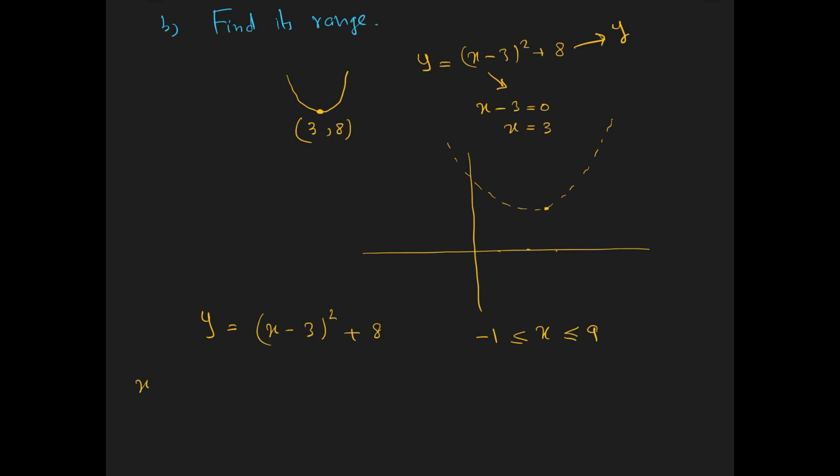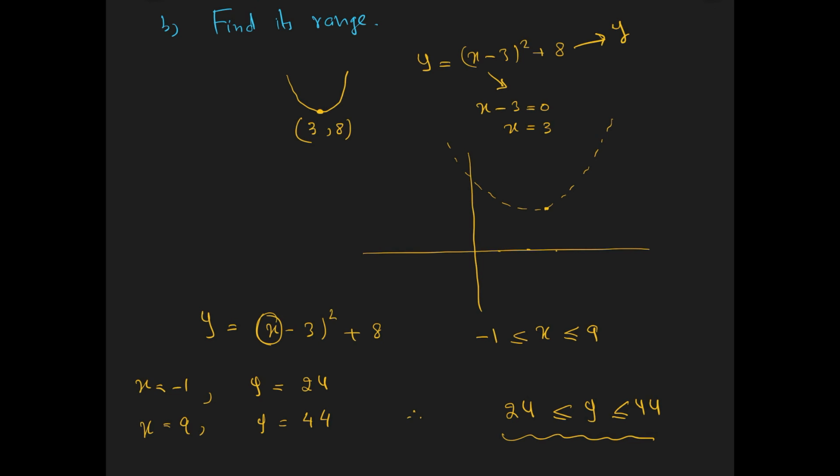So when x is equal to minus 1, y is equal to 24, inserting the value of x here. And when x is equal to 9, y is equal to 44. Therefore, the range of the function is y between 24 and 44. That is our answer.